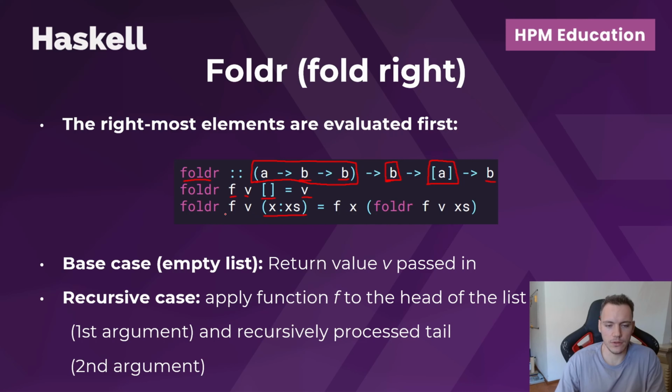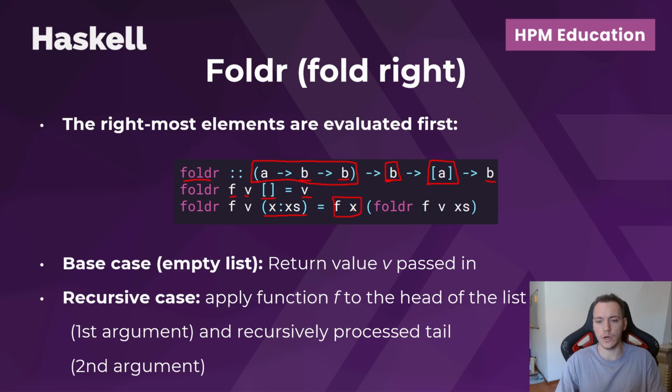We apply foldr such that we apply the combining function to the head of the list, and know that the combining function takes in two arguments, right?